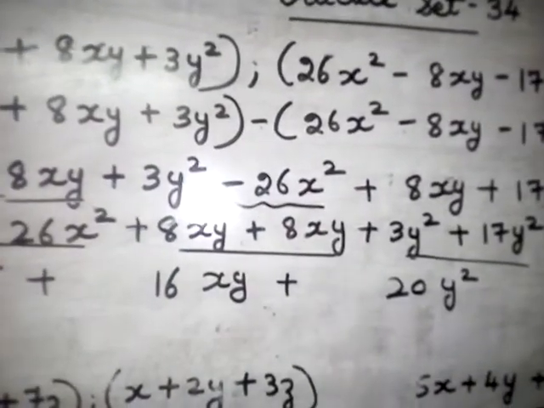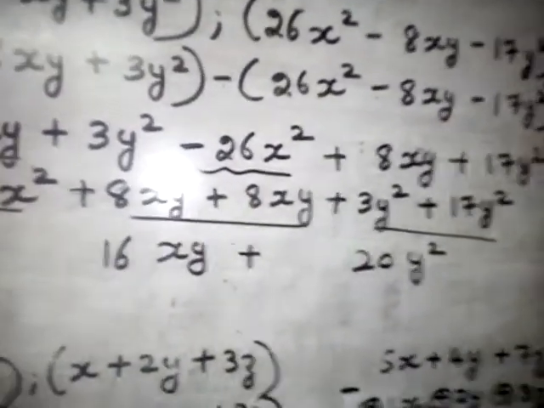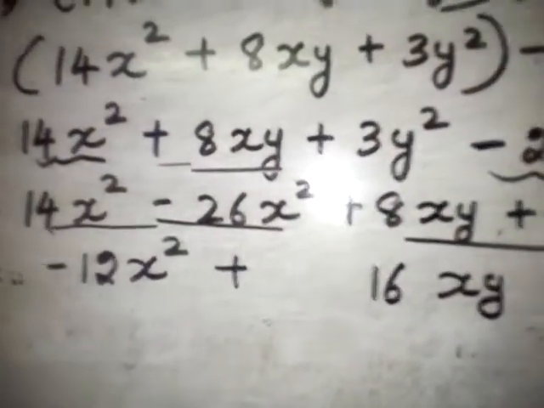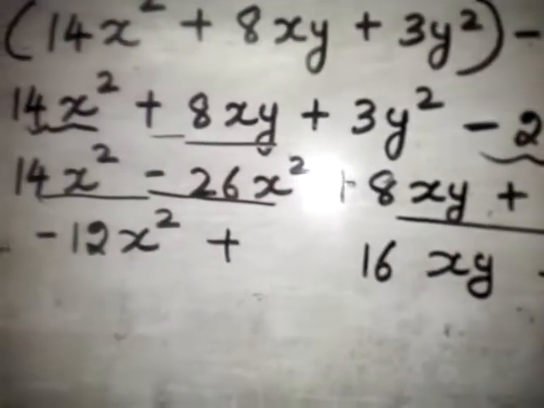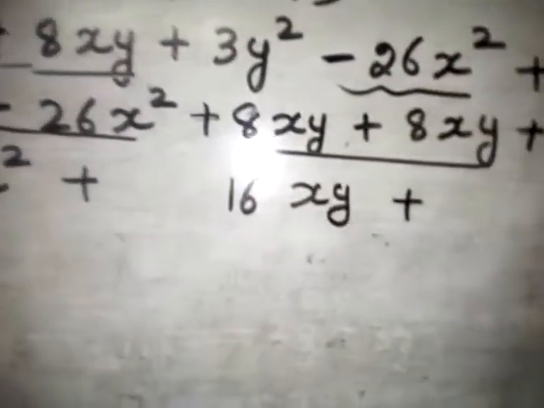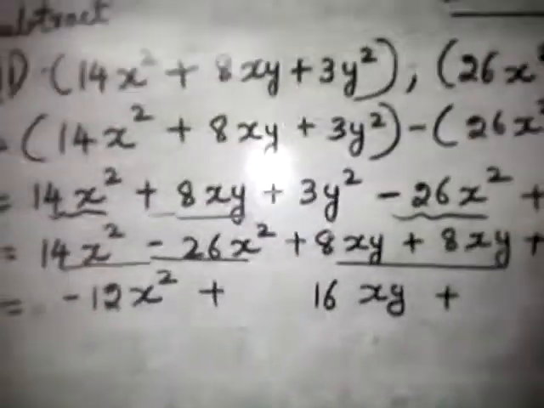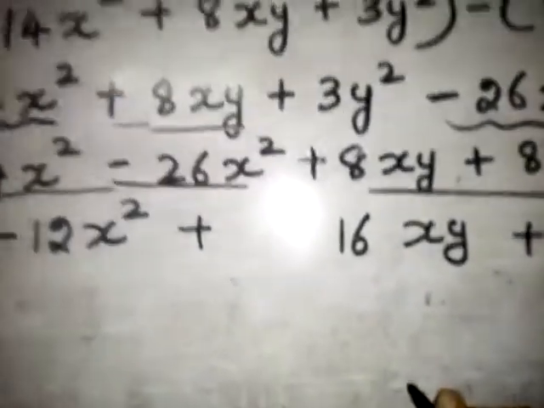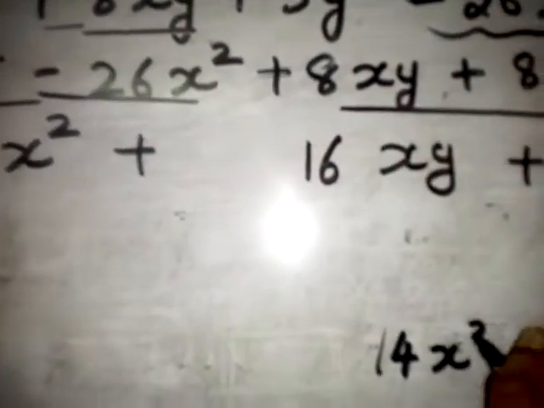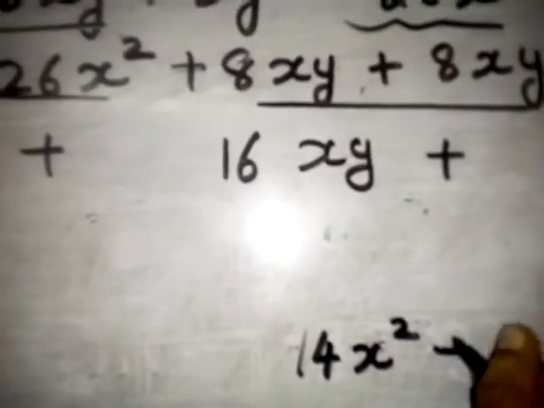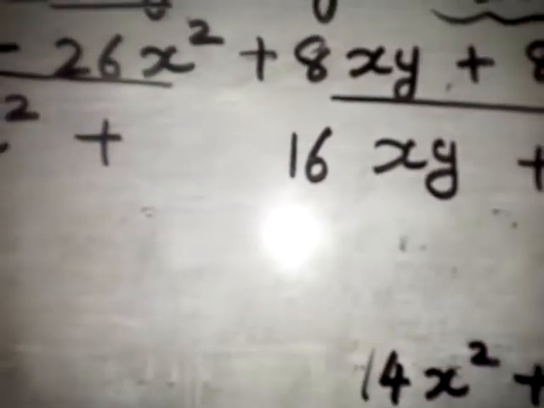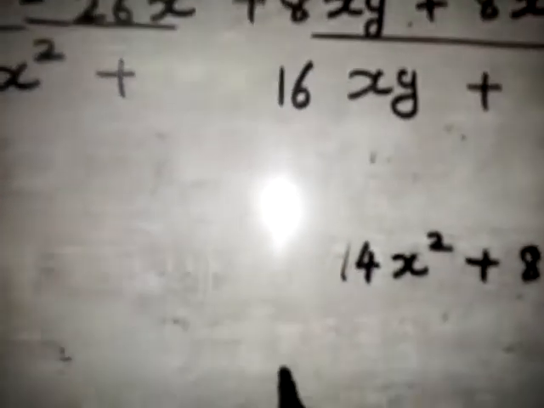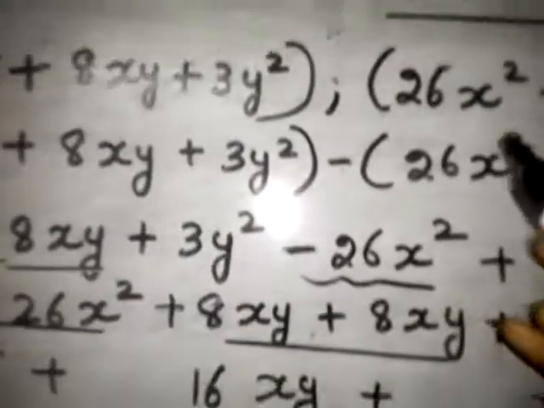Now you have to do it in vertical arrangement. Minus sign you have to put. Here which sign is there, you have to see.